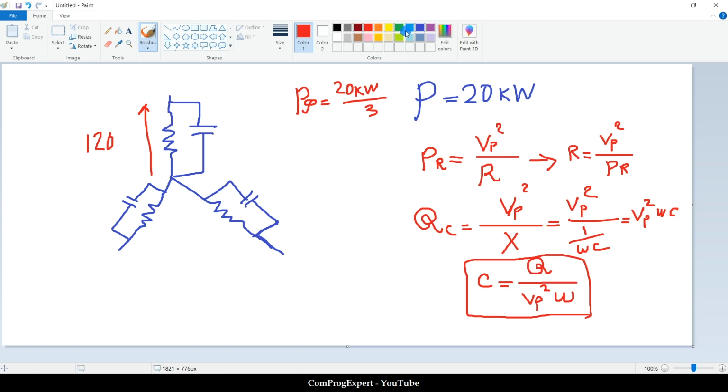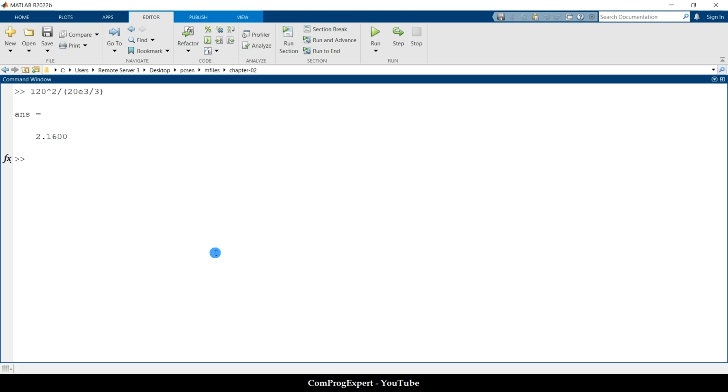How much is the value of the reactive power? You know that here we have this triangle. This is reactive power, active power, and this is S. Also, we have the power factor, this angle, the phi. The cosine of phi is 0.8. So 20 kilowatts divided by 0.8, this is the apparent power.